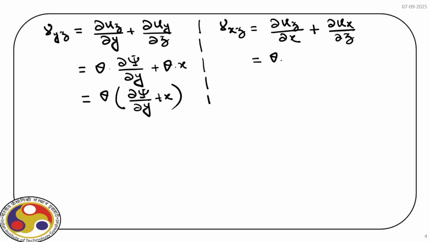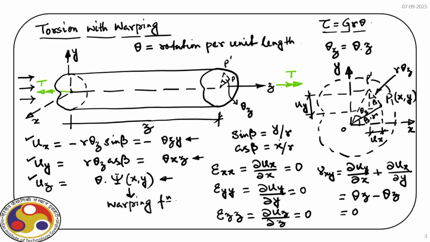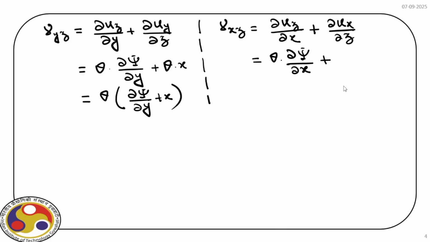So we have theta times psi differentiated with respect to x plus ux, which is actually minus theta times yz. If we differentiate with respect to z, we'll have minus theta times y. So effectively we have theta within bracket psi differentiated with respect to x minus y.